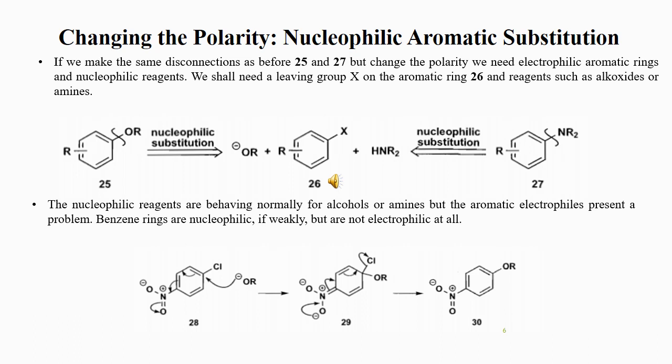But now in this case we are talking about nucleophilic reagents and electrophilic aromatic rings. So we need a leaving group X on the aromatic ring 26, and reagents such as alkoxides or amines. For these synthons, alkoxides or amines as nucleophilic reagents are required, and the aromatic ring itself will act as the electrophile.